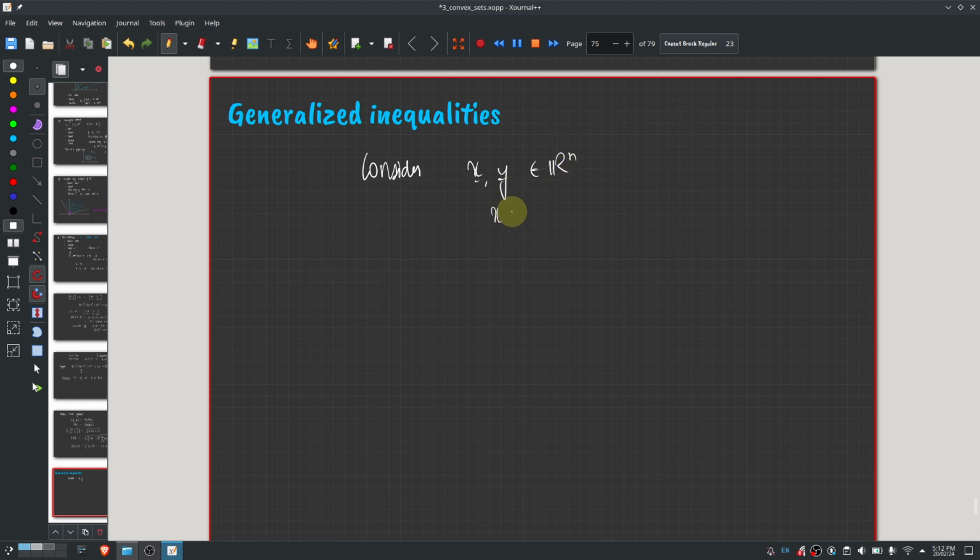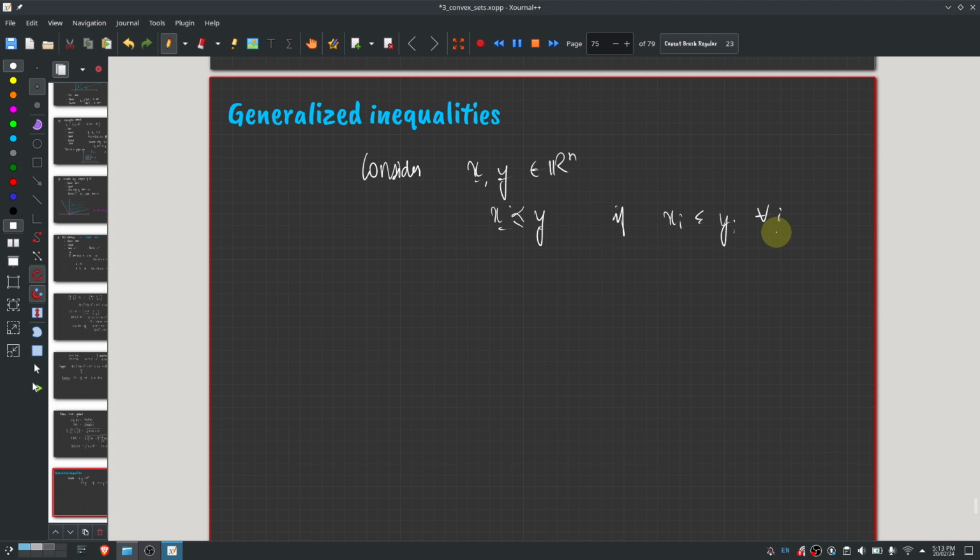I will say that x is less than or equal to y if every coordinate xi is less than or equal to yi. Okay, that's a natural notion of defining something like an inequality.